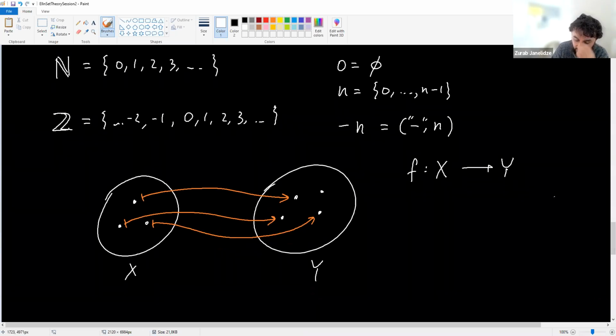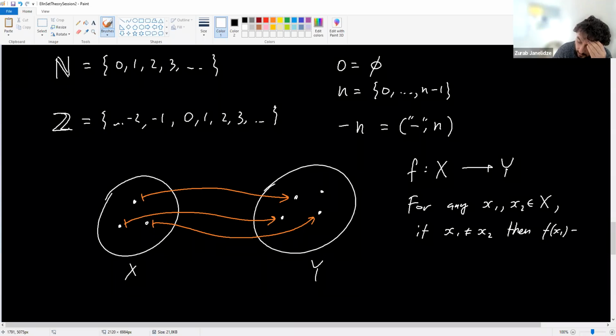You consider a function from x to y with the property that for any x1 and x2 in x, if x1 is not the same as x2, then f of x1 is not the same as f of x2.